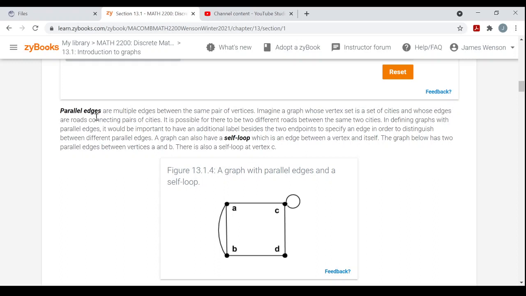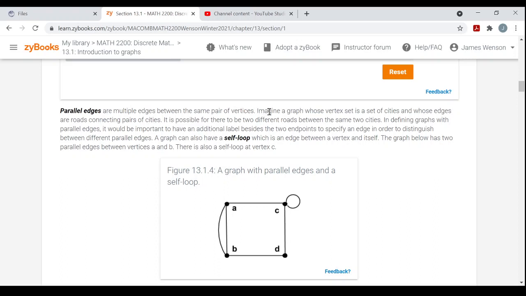Alright, so parallel edges are multiple edges between the same pair of vertices. So like you see in this graph here, between vertices A and B, see how there are 2 edges? These edges would be called parallel edges.